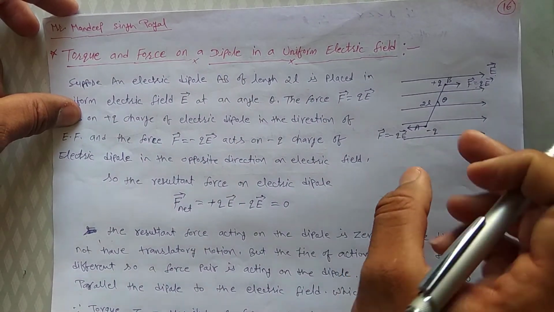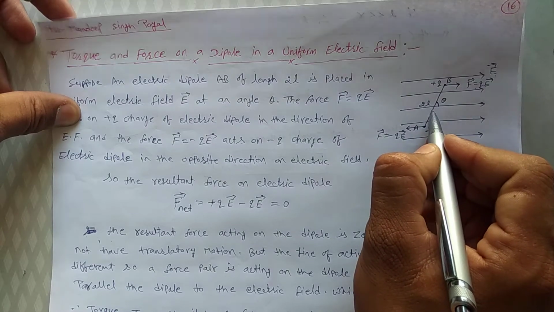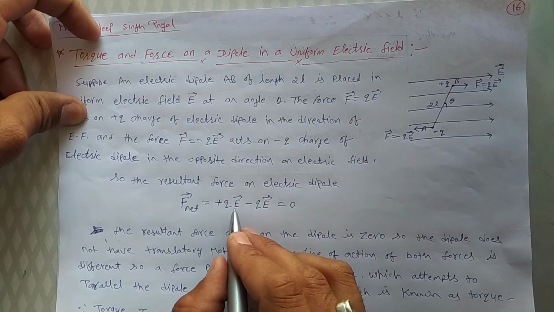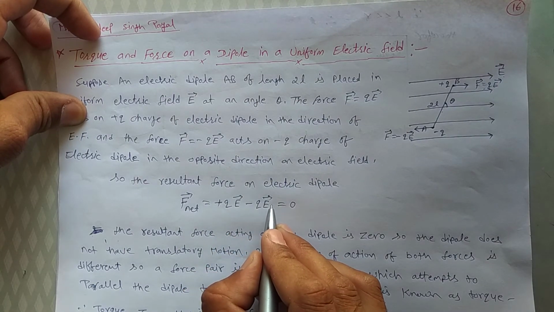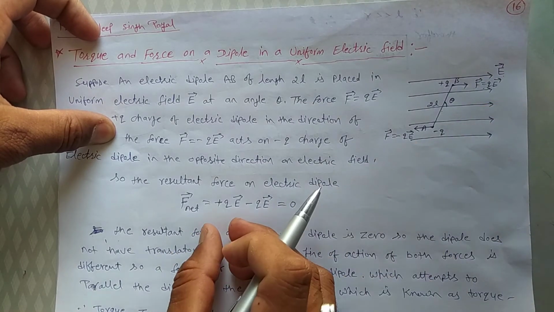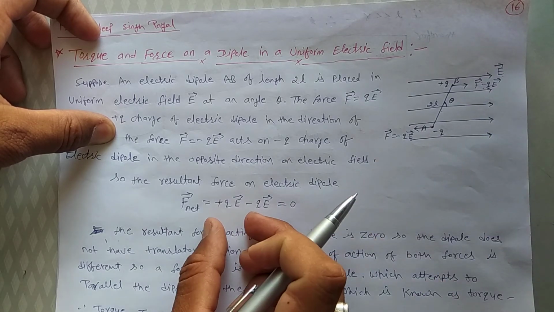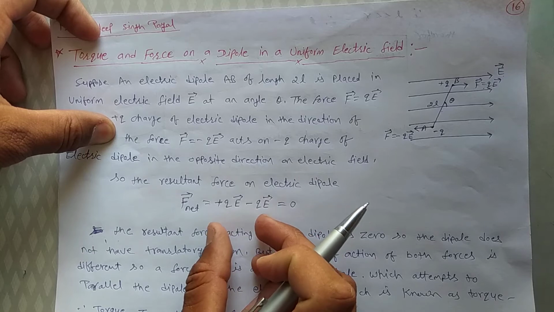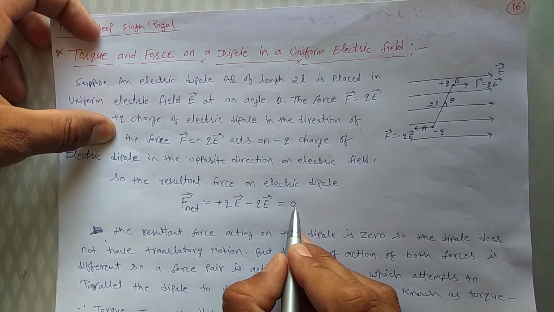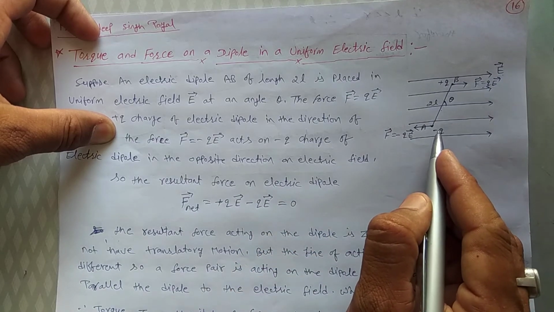So the resultant force on this electric dipole, F resultant, equals plus QE vector minus QE vector. These forces are of the same magnitude and opposite direction, so they cancel each other out. So F net equals 0. It means the resultant force acting on this dipole is 0.